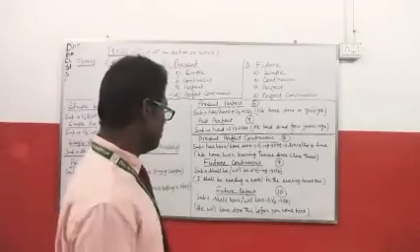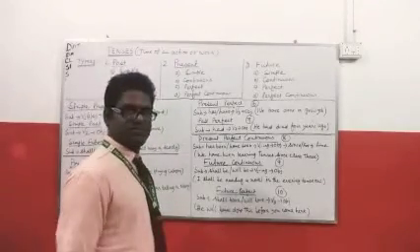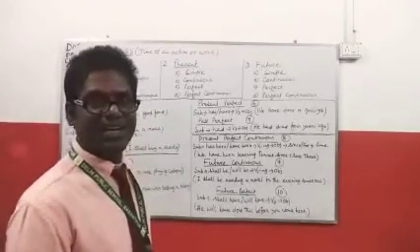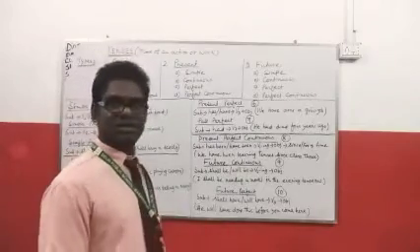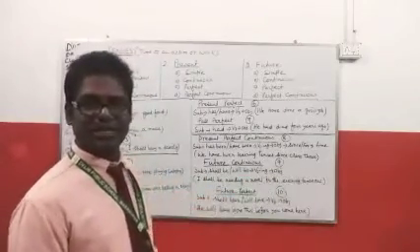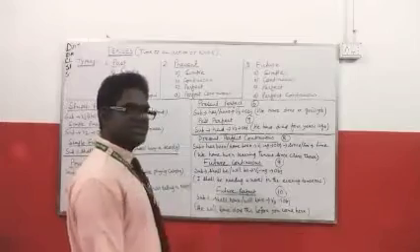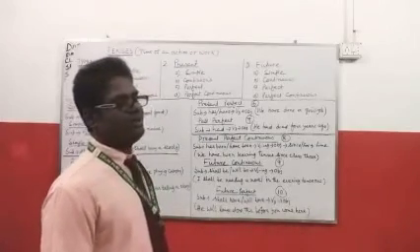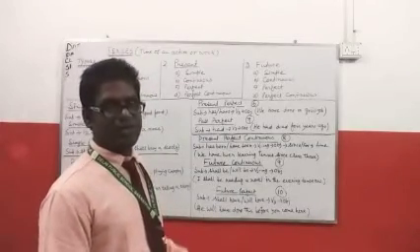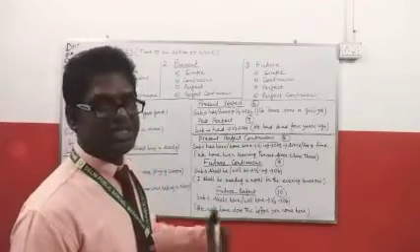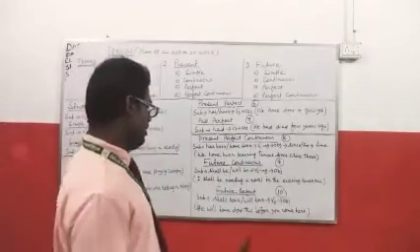Okay. Now future perfect. Perfect means completed action, and future means the coming time, not yet started. So future perfect tense is used when in future one action will be completed within a time. Okay.